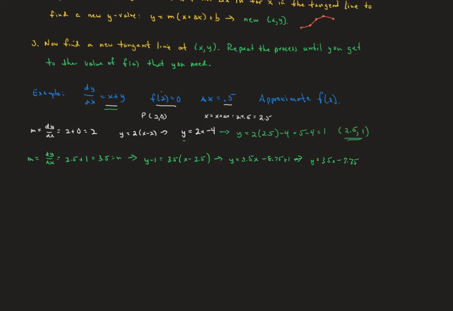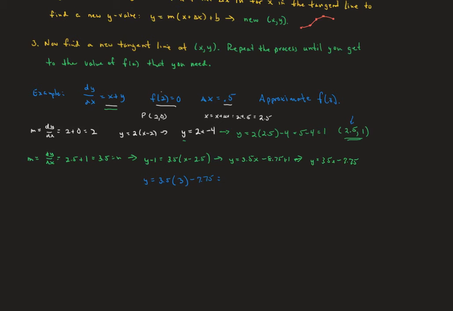Now we're going to use this to get our next value. So y equals 3.5 times the new x. We add a delta x, which is our 0.5, to our old x value of 2.5, so that's now 3. Then we subtract the 7.75.